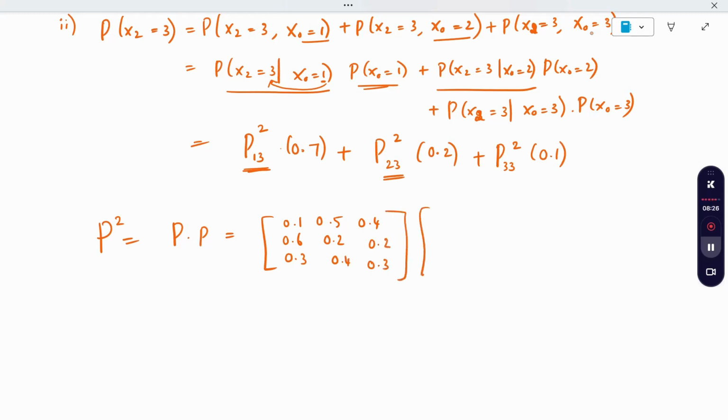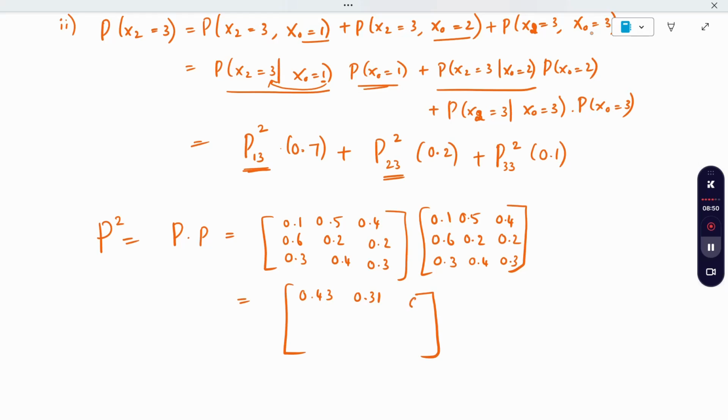Matrix multiplication, normally you multiply it, or if you are capable of doing it in a calculator, do it in a calculator. I multiplied it and I get 0.43, 0.13, 0.26; 0.24, 0.42, 0.34; 0.36, 0.35, 0.29.